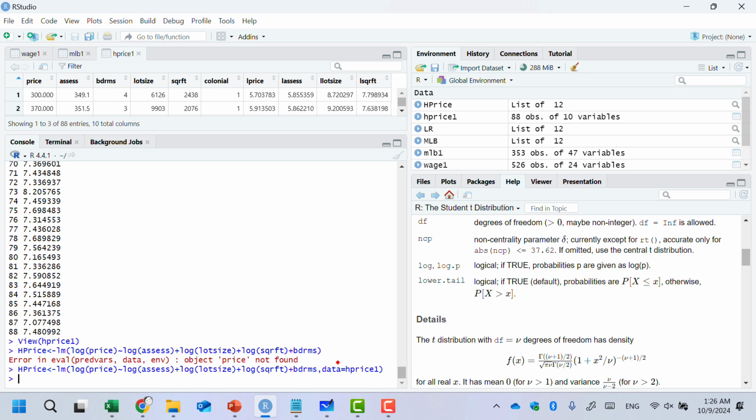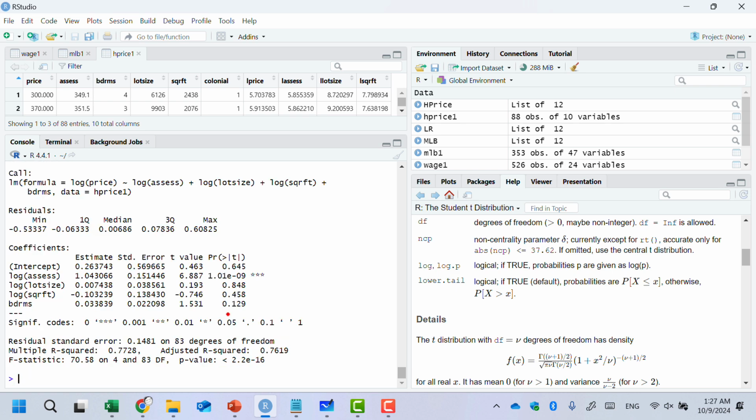Okay, now we can look up the summary of hprice. You can see the result of the regression. As you can see, this is about 1, and the others are pretty small numbers, right?